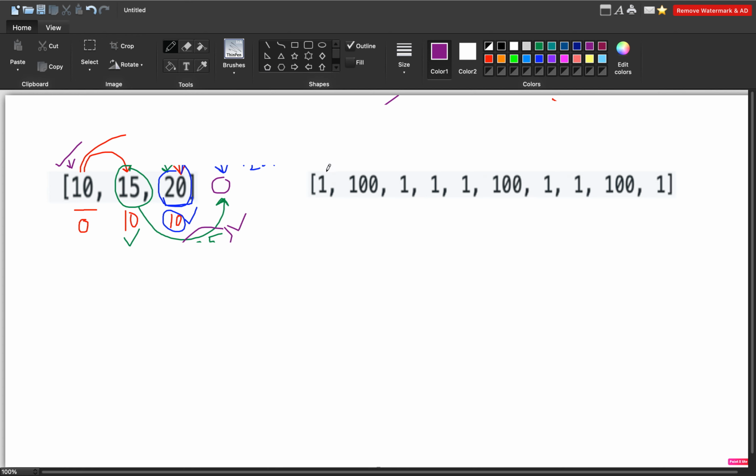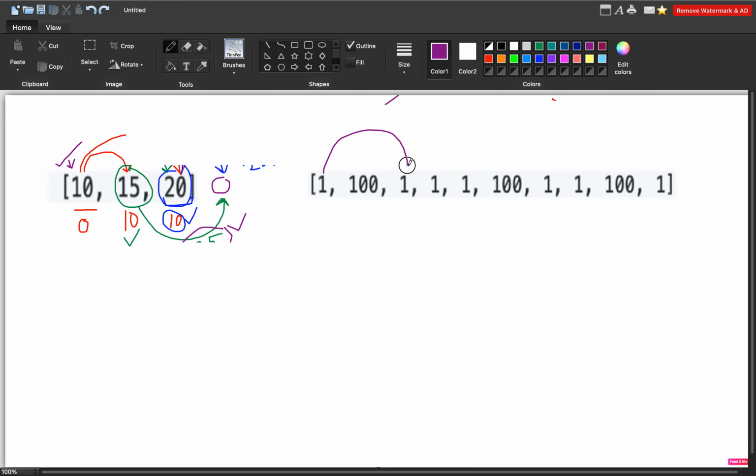Now it can come to our mind, is it necessary to take one jump? We can just go with two, like in this test case. If you go from here to here, two steps, and again two steps, again two steps, this will increase your answer. So what can be done?